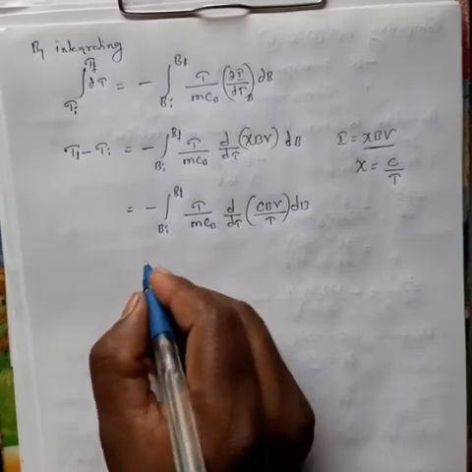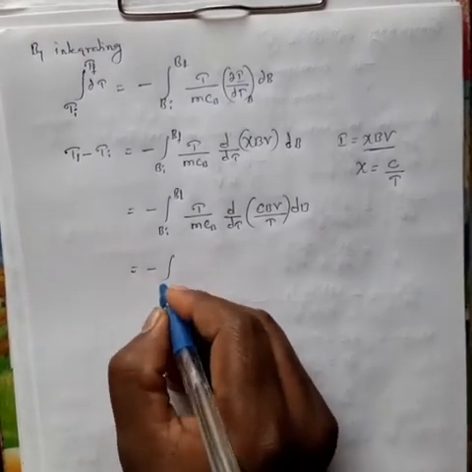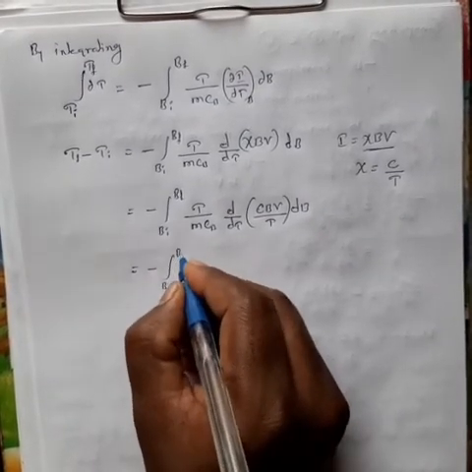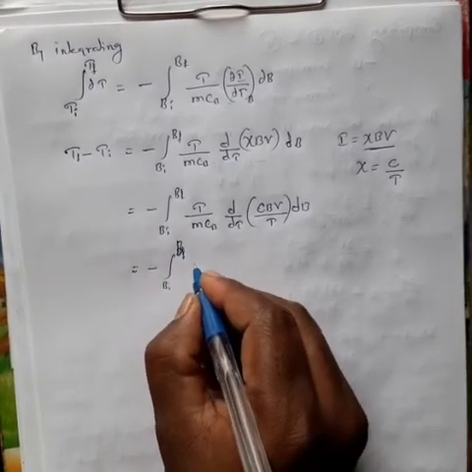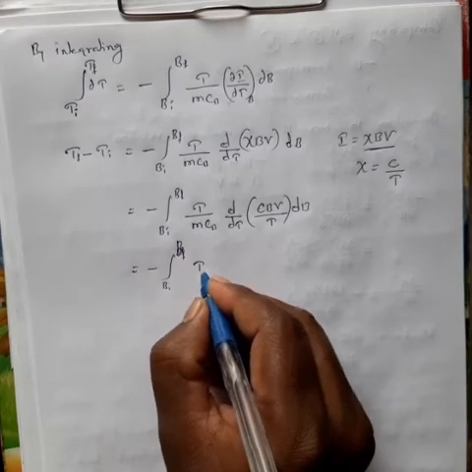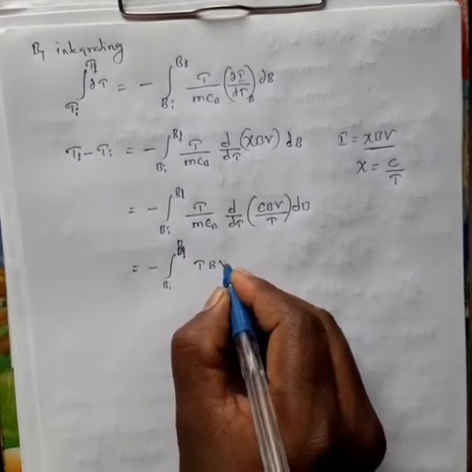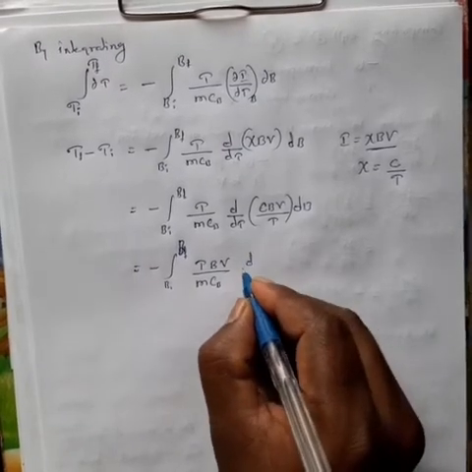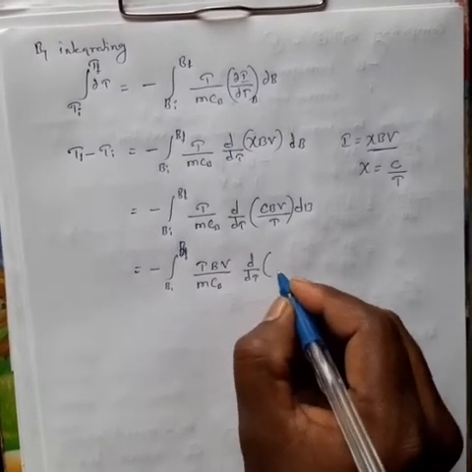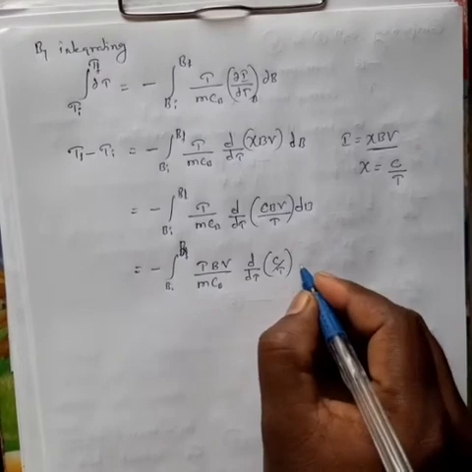Now this can also be written as minus the integration from Bi to Bf of T B into V divided by M into Cb, d by dt of C divided by T into dB.